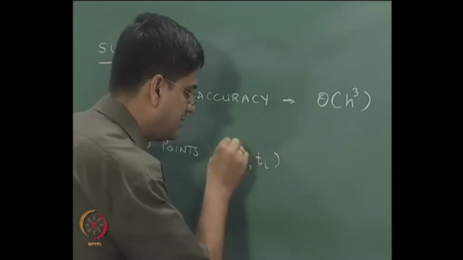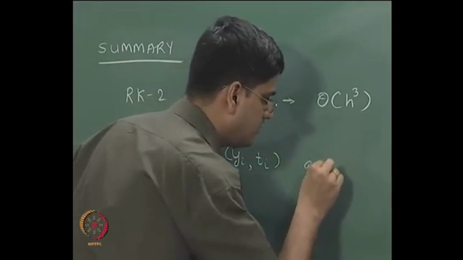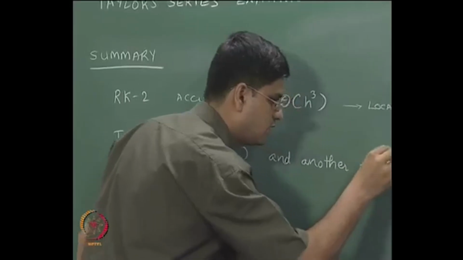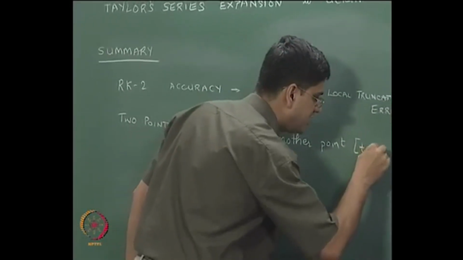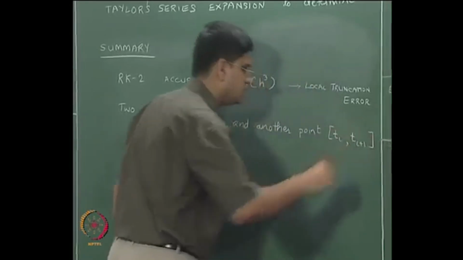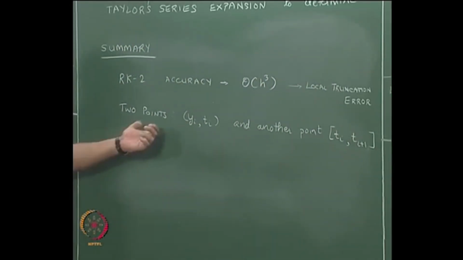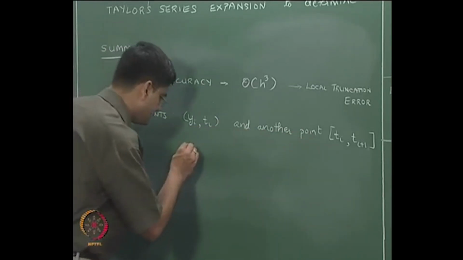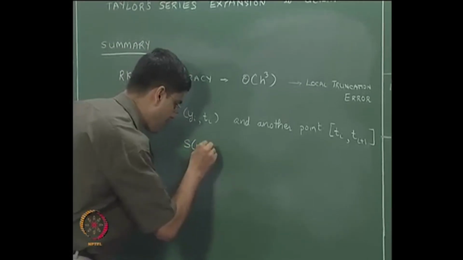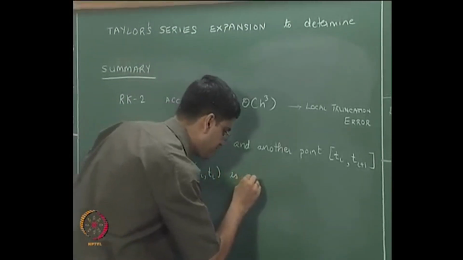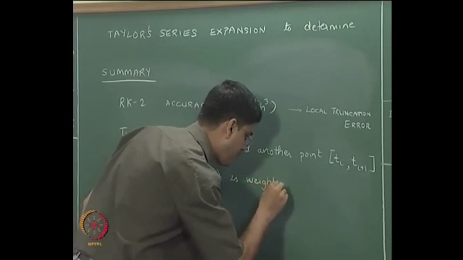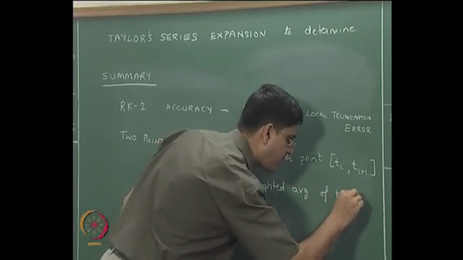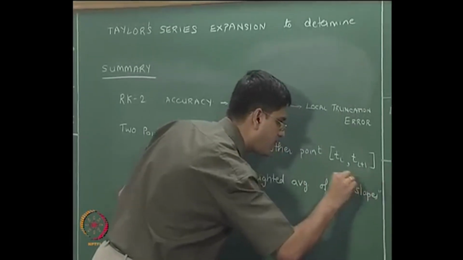So the RK2, the accuracy is of order of h cubed, it uses 2 points, yi comma ti and another point between ti and ti plus 1 in order to compute the slope, okay. So the slope is computed as the weighted average of the two slopes, okay.